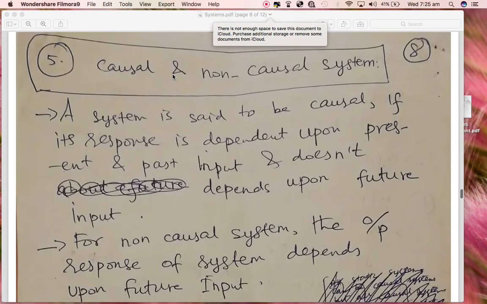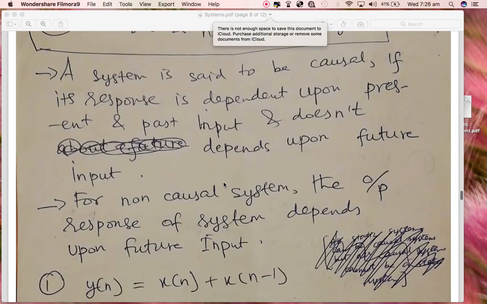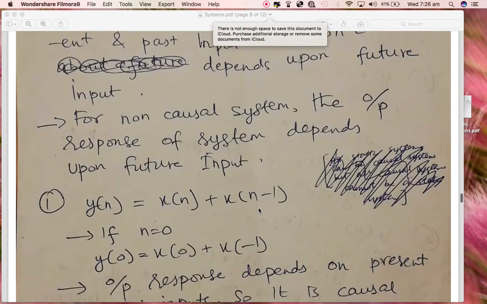Now we can look at causal and non-causal systems. A causal system is one whose response depends upon present and past inputs and does not depend on future input. So any causal system calculates the output based on the present and past inputs, and any non-causal system takes into consideration the future inputs.